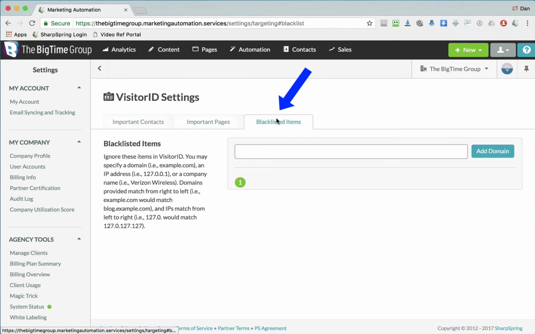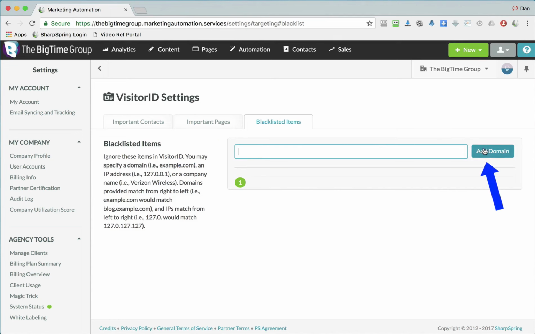Also on this are blacklisted items. So let's say that you're getting visits from a company in Malaysia and they're just spending 5 seconds on your homepage and then leaving, and they're doing that every day. Well, clearly that's just a robot out there looking for specific information. It's trolling you. So you can grab that URL and just stick it right there and then click Add Domain.